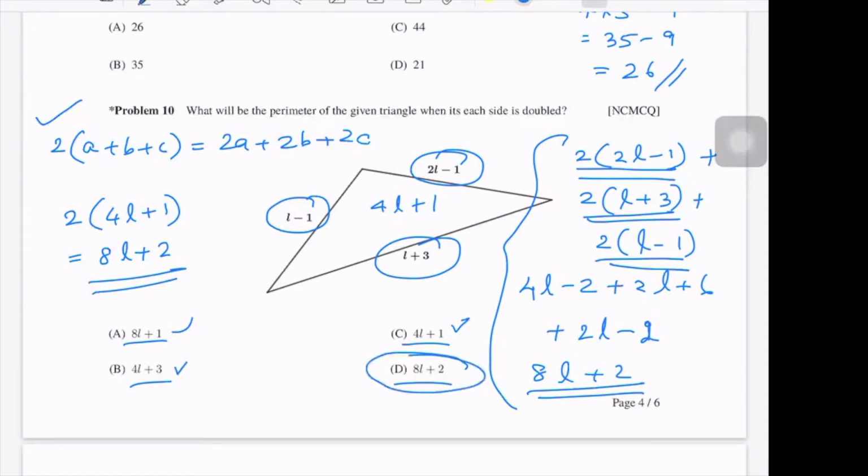So this is the only possible answer. Say 8L plus 1: irrespective of the value of L, it is going to be an odd number. 4L plus 1: irrespective of the value of L, it is going to be an odd number. So this is odd, this is odd, this is odd, and this is the only possible even number.